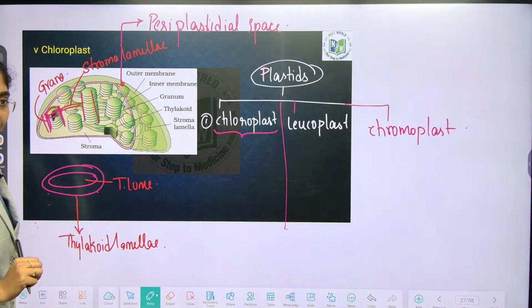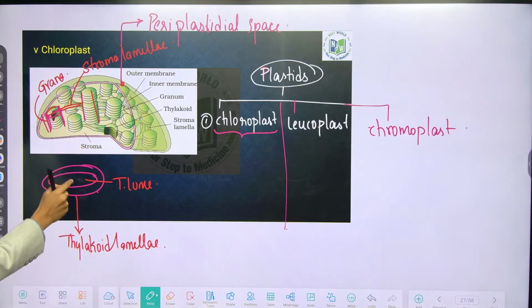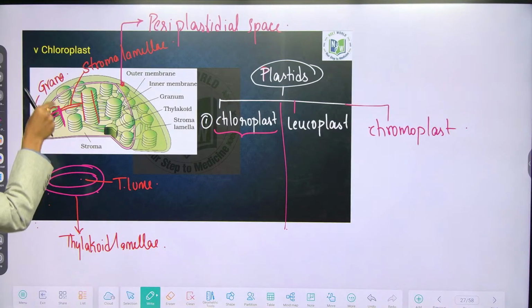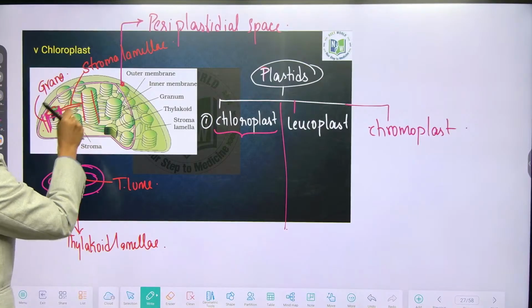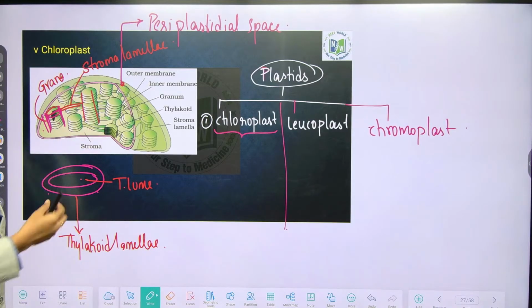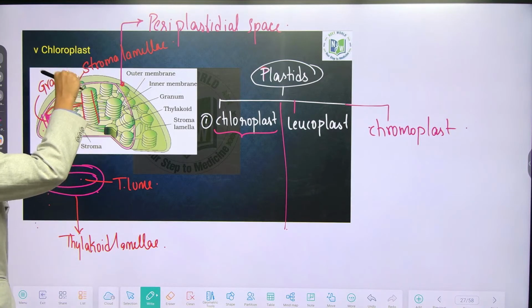Matrix of the chloroplast is stroma. Inside stroma you have thylakoids, and at the center the thylakoid lumen. They are placed like a pile of coins.